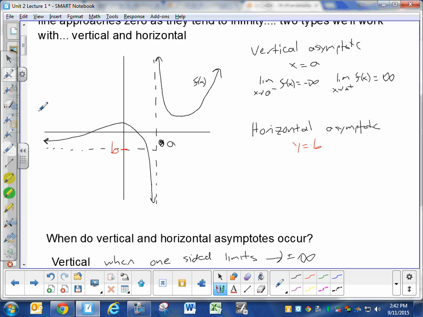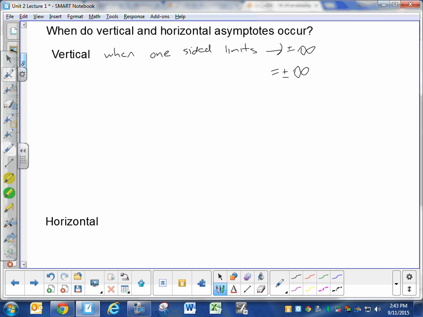Okay, so that's a vertical asymptote now using a limit definition. A horizontal asymptote will occur when we examine the limits as x approaches infinity. So different. We're used to finding limits as x approaches a specific value, but now we will be examining limits as x is approaching infinity, positive or negative infinity.